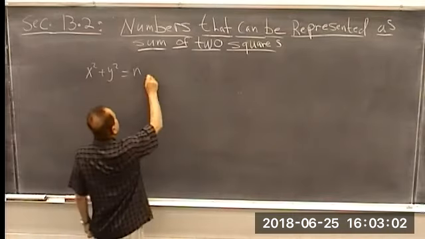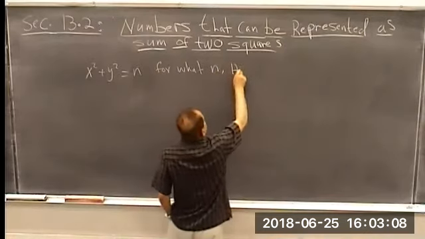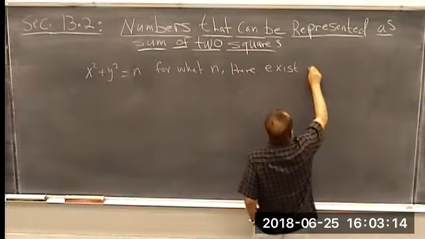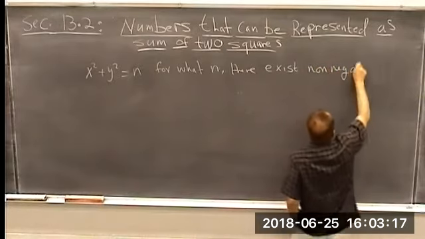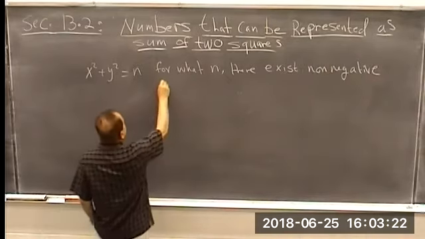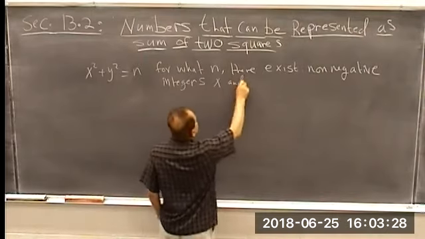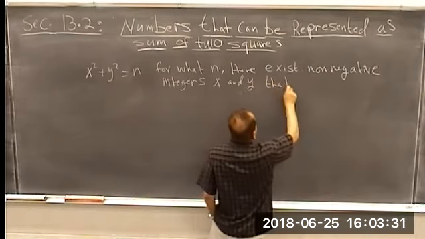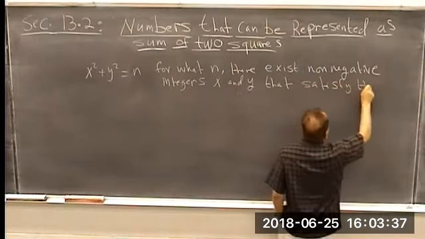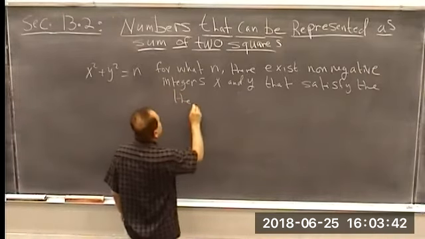So we need to find for what n there can exist non-negative integers, in other words, we're going to allow zero, x and y that satisfy that equation, which we call a Diophantine equation.